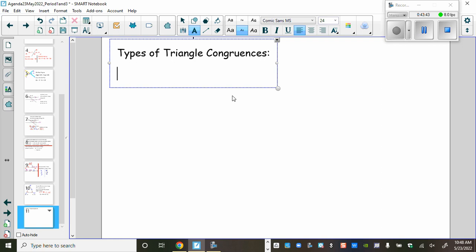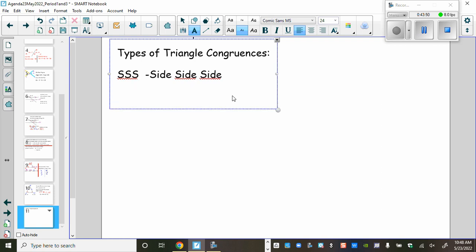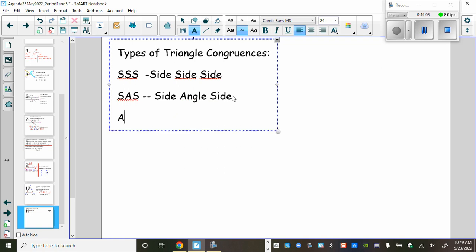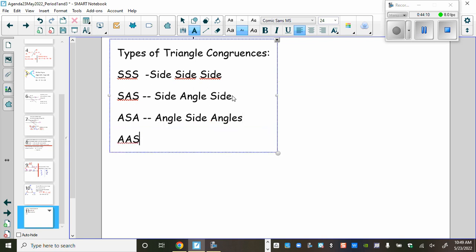There's, of course, SSS, side, side, side, and SAS, side, angle, side, and then there's ASA, angle, side, angle, and then there's AAS, angle, angle, side. That's something to think about.